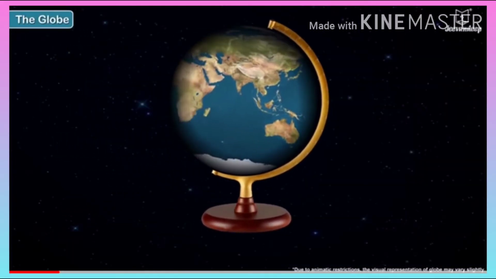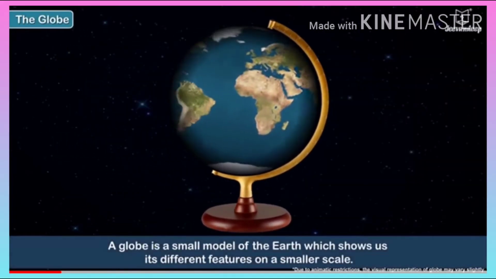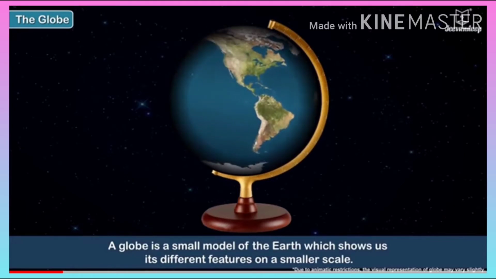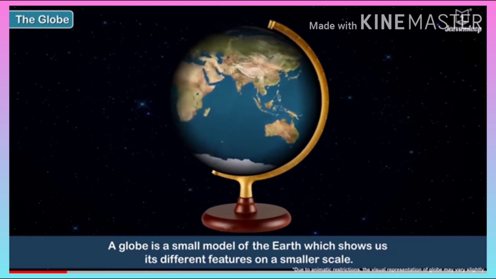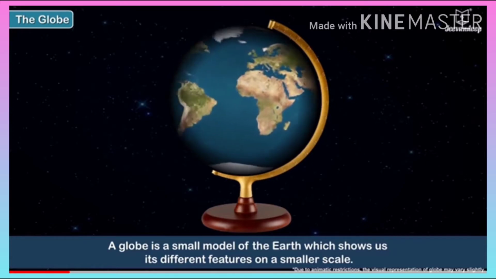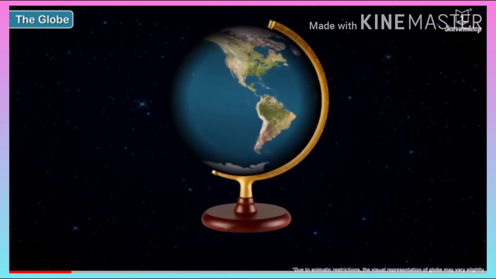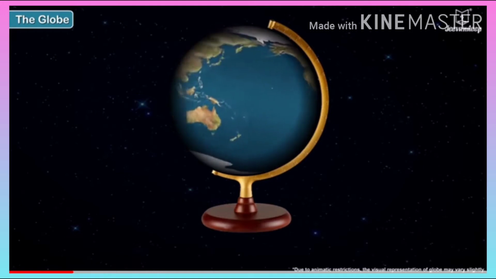The globe. A globe is a small model of the Earth which shows us its different features on a smaller scale. The picture shows you what the Earth looks like.